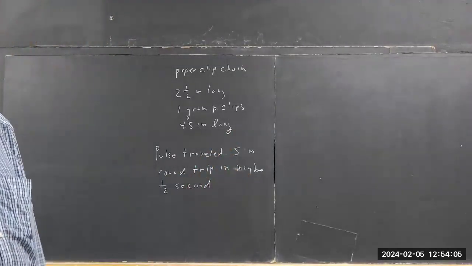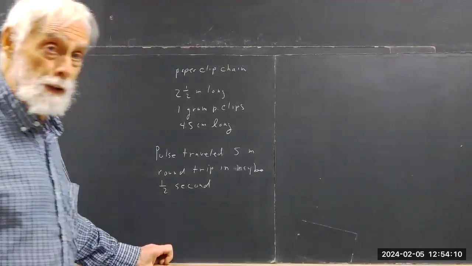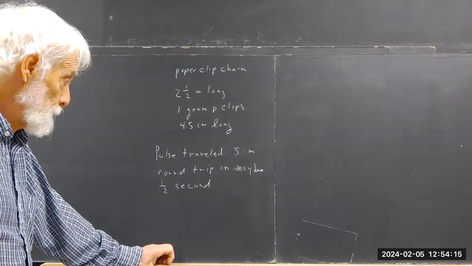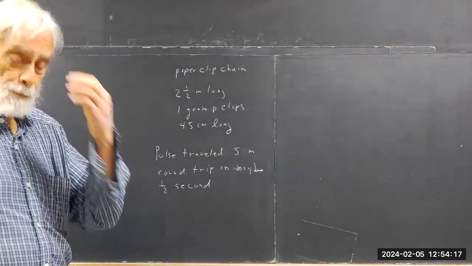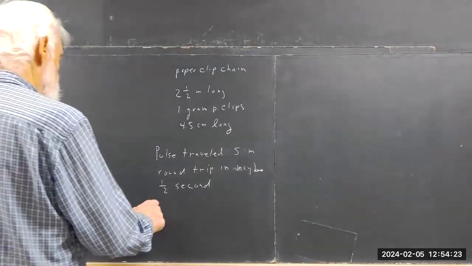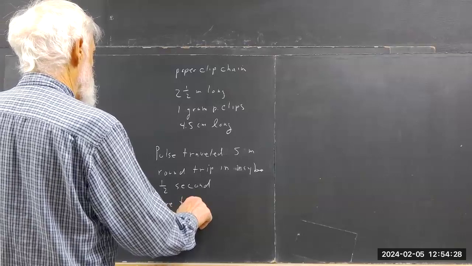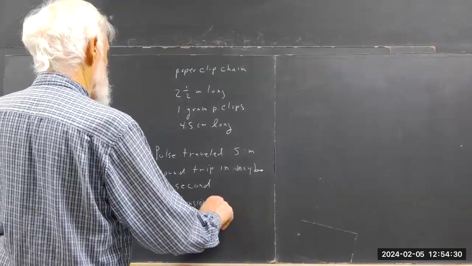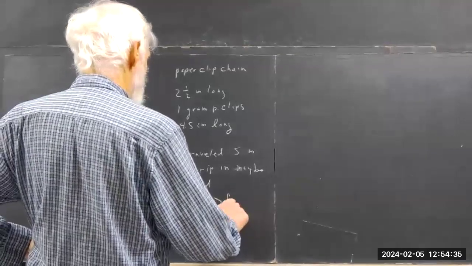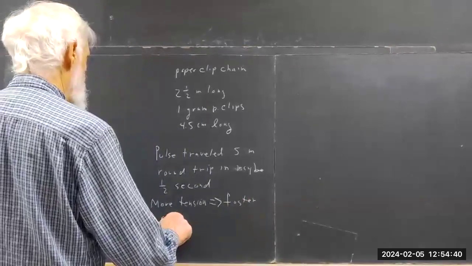Now you've got the video. If you have the means to time it, you probably have a timer on your phone or computer, you could come up with a pretty good estimate of the time. Now, more tension implies faster propagation.